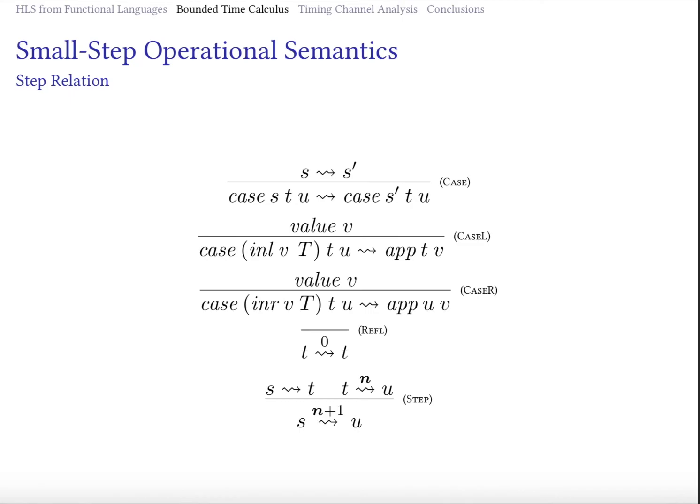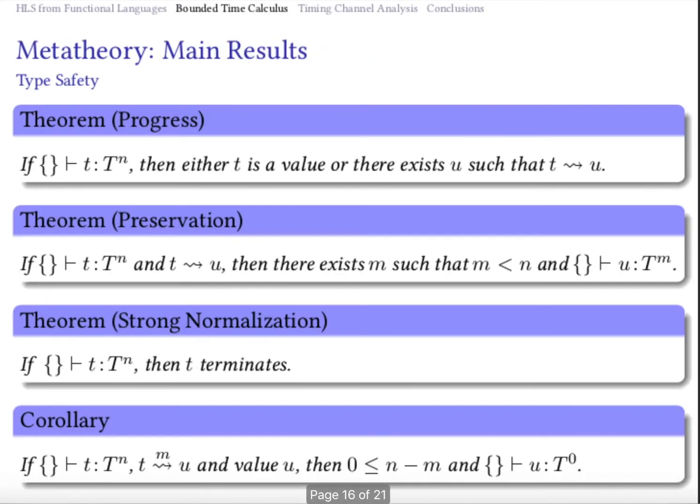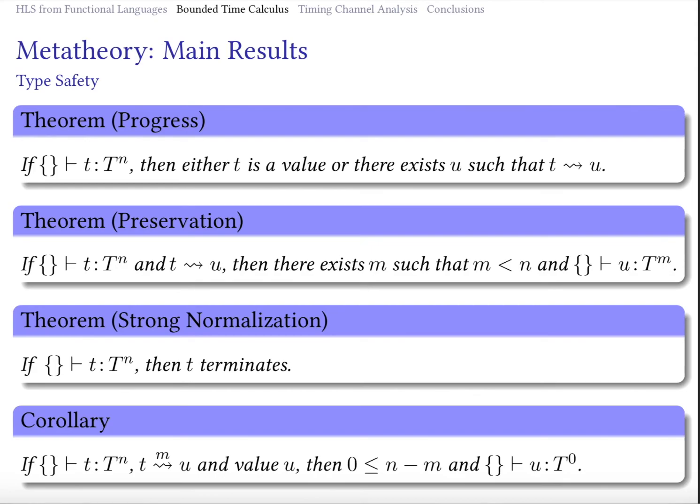If you want more details, you can see the paper. And then we were able to prove in Coq a number of the usual kinds of meta-theoretic theorems that one would want. Again, I'm not going to go any further into this. There's no surprising material in there.